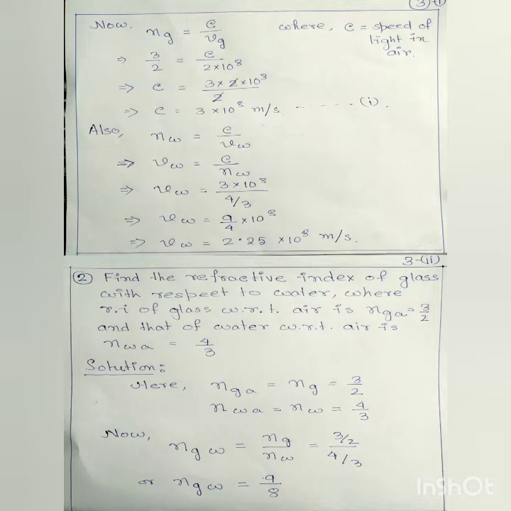Now we will use the relation: the refractive index of glass with respect to water will be Ng by Nw, just the absolute refractive index of glass by the absolute refractive index of water. Substituting the values, 3 by 2 divided by 4 by 3, we get 9 by 8. Therefore, the refractive index of glass with respect to water, that is Ngw, is equal to 9 by 8.